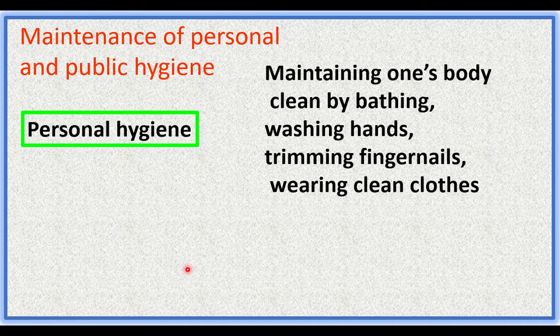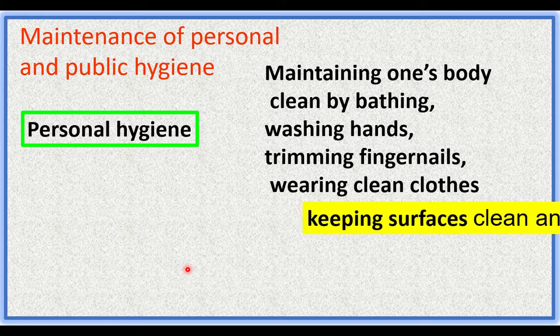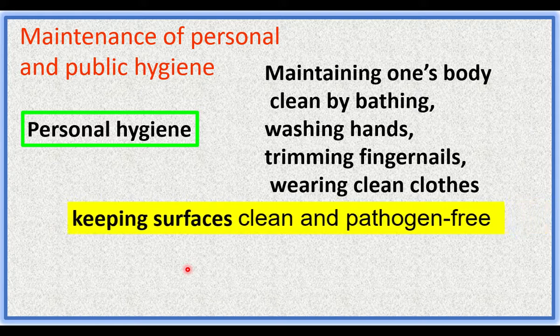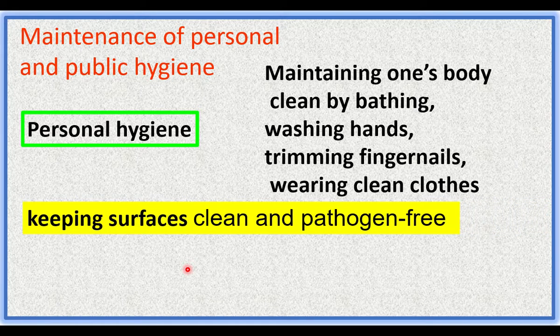In public places, keeping the surface clean and pathogen free is very important. It should be done in homes and offices; working surfaces, like tables and doors, should be kept pathogen free. This has to be extended to the toilets also.